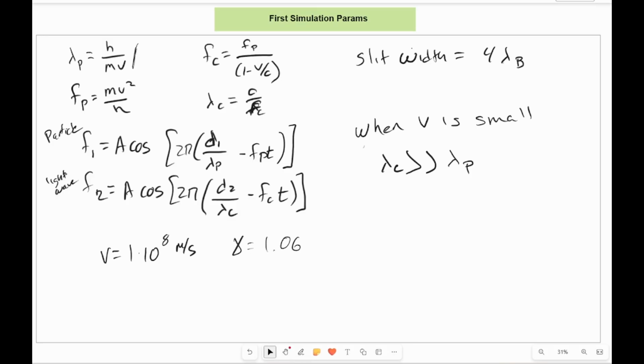Again, I'm not using gamma for this particular simulation, but you'll see it doesn't matter, but we'll get to it soon. So without relativistic corrections, we have the particle wavelength to be picometers and the wavelength of the light signal to be 14.5 picometers. Okay, so let's look at this.